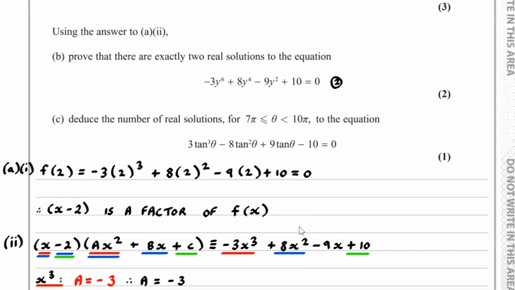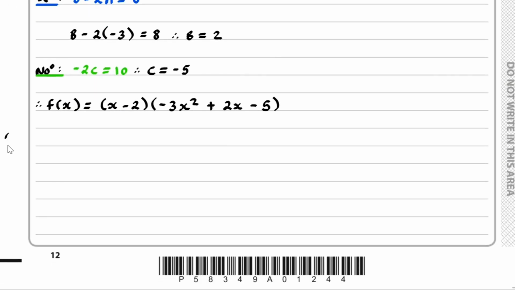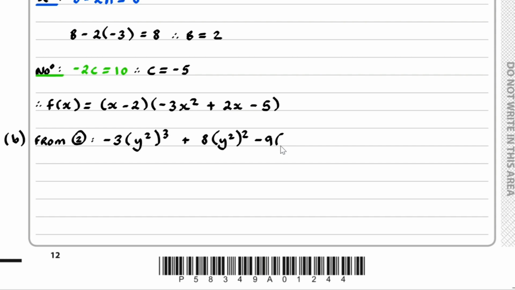Now, if we rewrite equation 2 for part B, from equation 2, we can rewrite that as negative 3 y squared cubed plus 8 y squared squared subtract negative 9 y squared plus 10 equals 0.